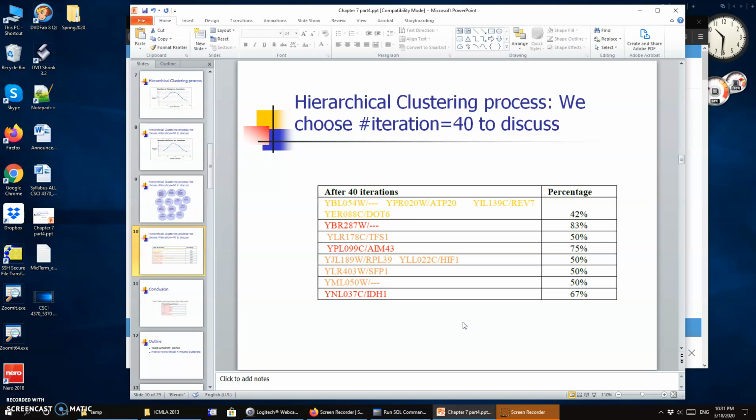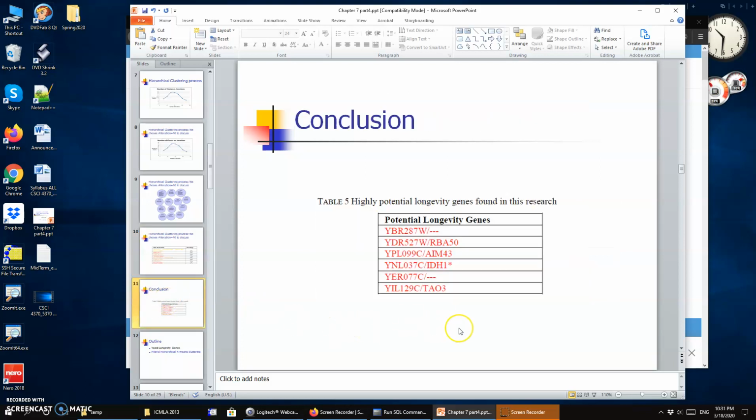In the conclusion of this result, we found that these 6 genes, based on our experiments, are very likely to be longevity genes. And in fact, this paper was published in 2013, and when I joined another conference in 2015, out of these 6 genes, 2 of them in 2 years had been identified as real longevity genes.